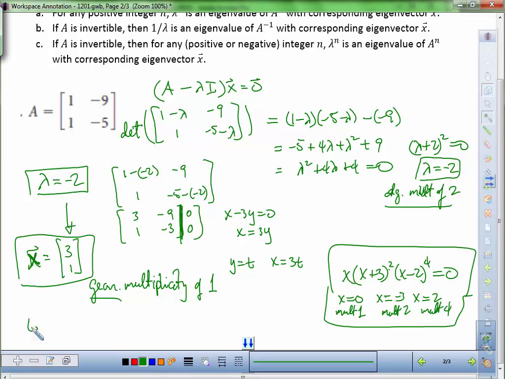So the eigenspace is going to be E sub whatever the eigenvalue is, in this case negative 2. And this is going to be the span of, in this case, only one vector.